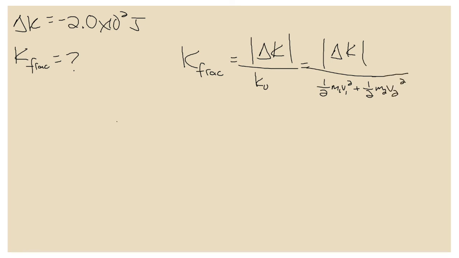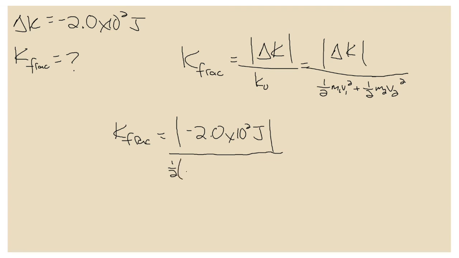So if we plug that in here, we're going to have the absolute value of -2.0 times 10 to the 2 joules divided by 1/2 m1, which in this case is 1.5 kilograms, times its initial speed, v1, which is 12 meters per second, and we're going to square that. And then we'll add 1/2 m2, which is 3.5 kilograms, times v2, which was 7.5 meters per second.